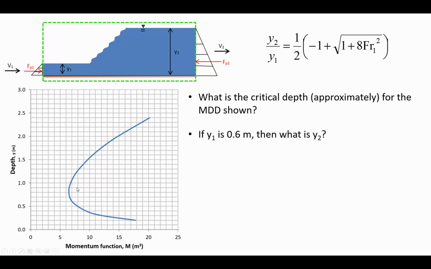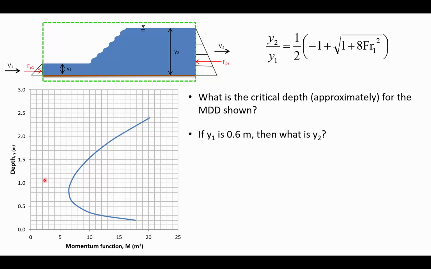All right. Next, if your actual flow depth is 0.6 upstream, then what would be the downstream depth? All right, so follow along with me. If we have a depth of 0.6, we would go over to the curve and then up and find where's the other crossover point that has the same amount of momentum.